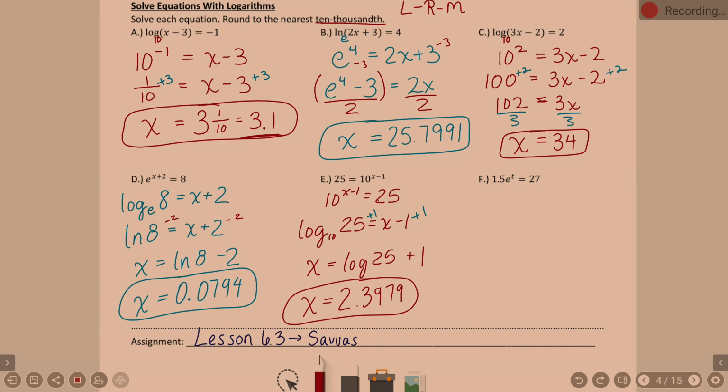One more here, and that is F. 1.5 e to the t equals 27. Thoughts on where to start here?